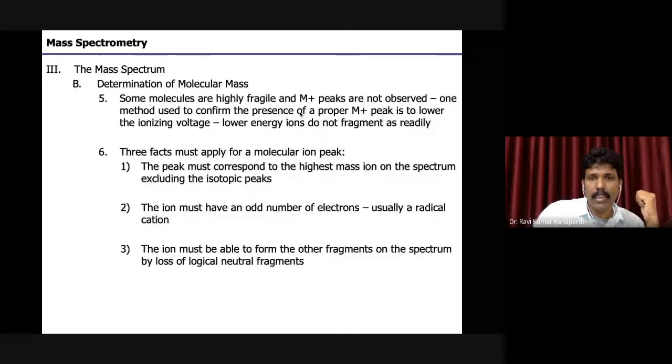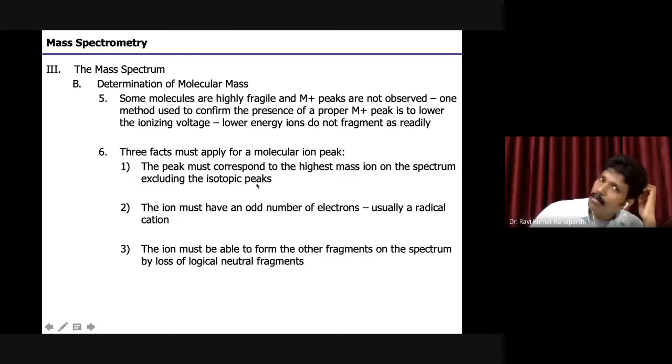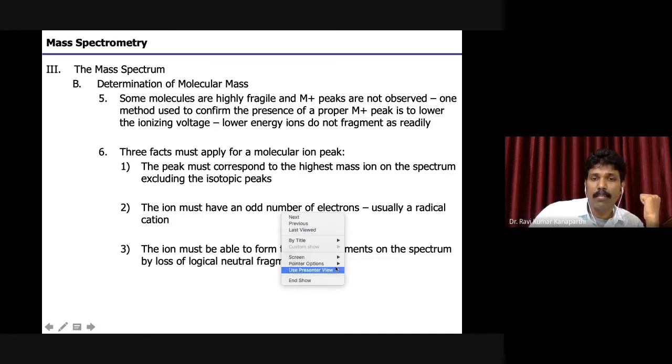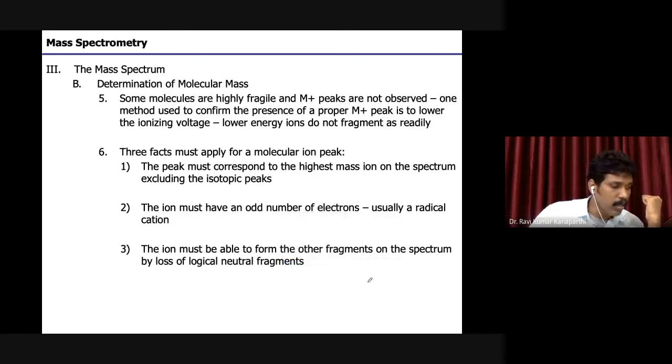The peak must correspond to the highest mass in the spectrum, excluding isotopes. It can be your molecular peak. And the ion must have an odd number of electrons, usually a radical cation.